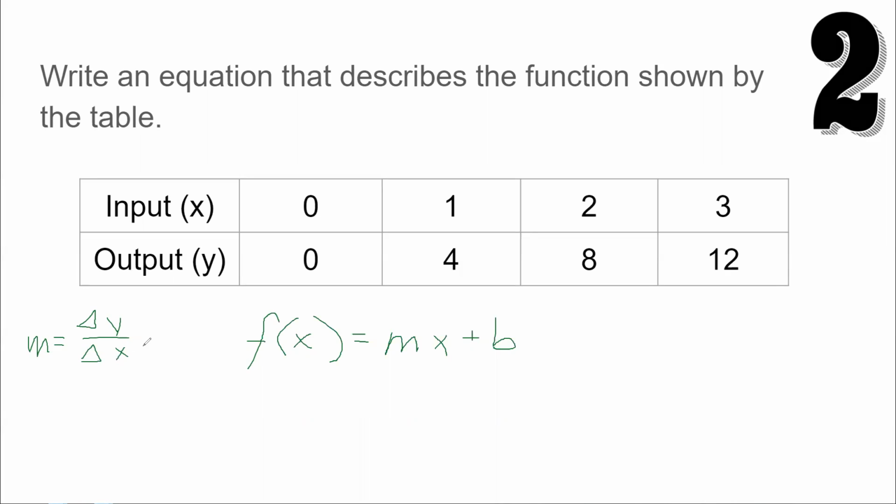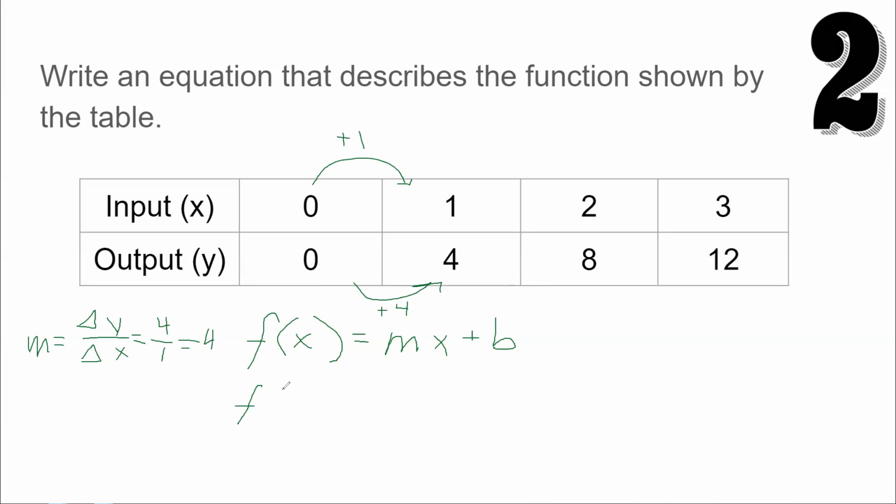And those triangles mean change. So we're looking at how much y changes. It changes by a positive 4. And we're looking at how much x changes. It changes by a positive 1. So that means for this function, our change in y is 4, our change in x is 1, so our slope is 4 over 1, or you can just simplify it to 4.